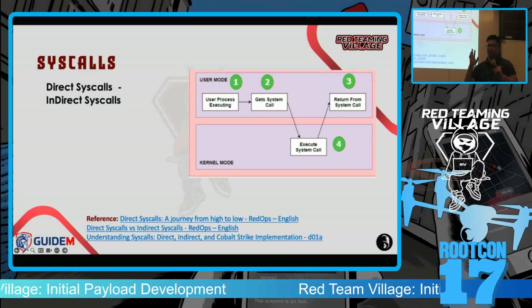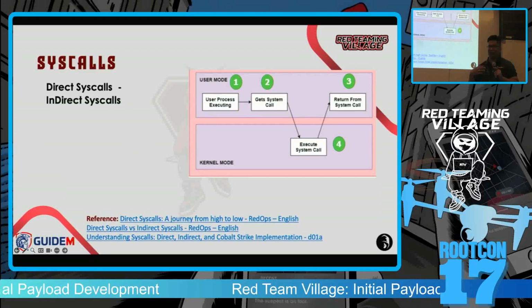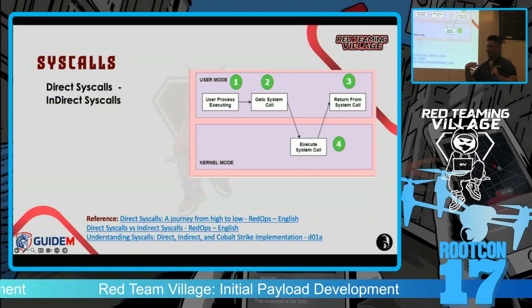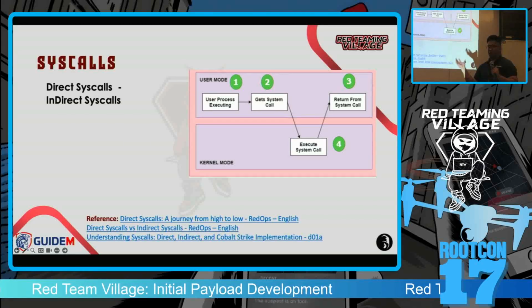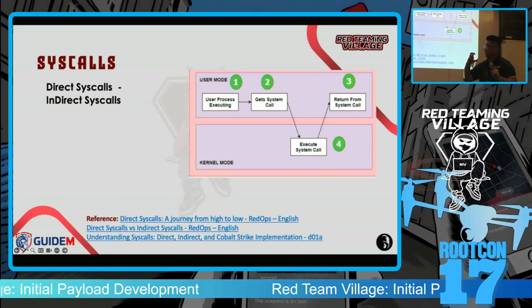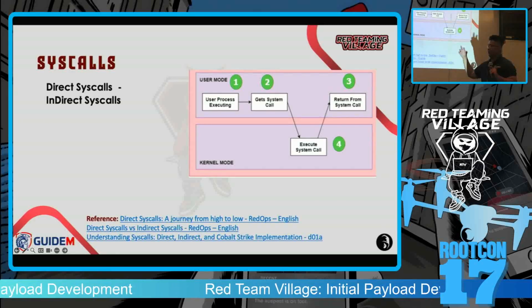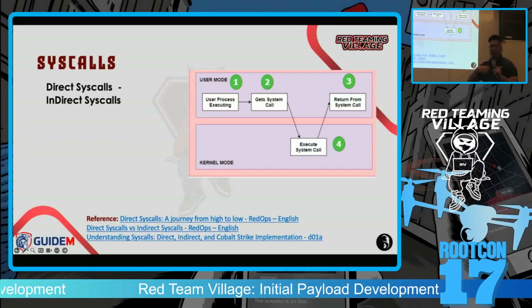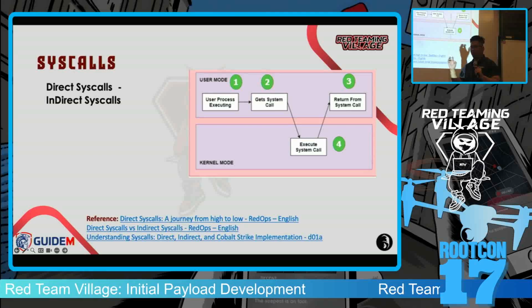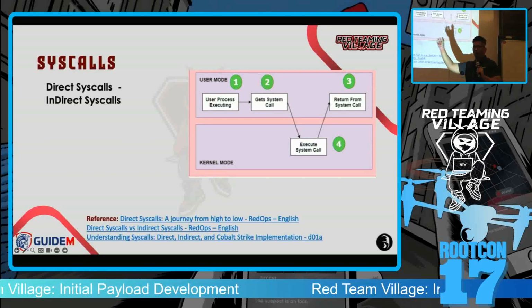So, for example, I order food in the restaurant. If it's a direct syscall, I would go to the chef directly, right? With an indirect syscall, I'm still the customer, but I go to a waiter. The waiter processes the order and gets it to the chef.